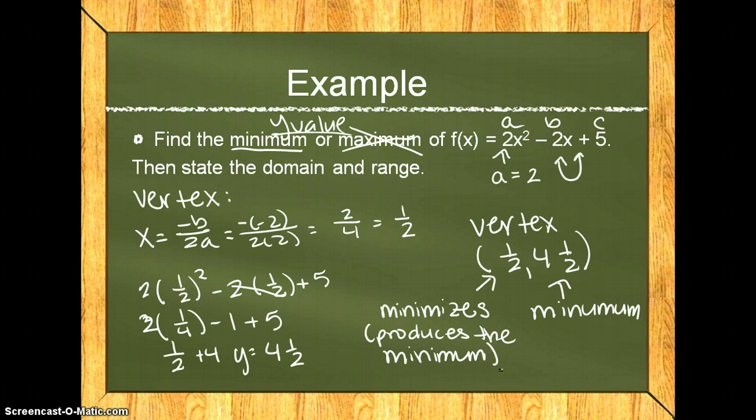So without the x, you will never actually get the minimum or maximum. Again, the key is to start by finding your vertex. So once you found your vertex, the answer is the y. Okay, so that's step 2. So it's pretty straightforward when you're trying to find the minimum or maximum. The next step is the domain and range.